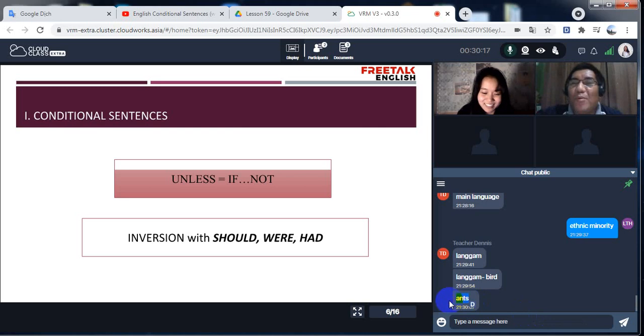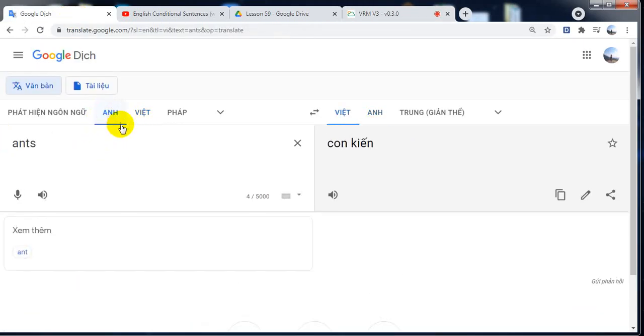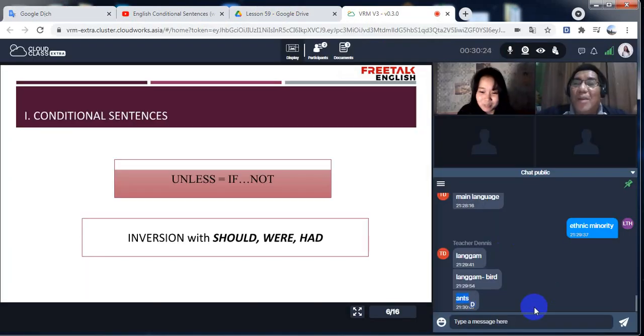Our langgam is already flying, but in Manila, langgam means ants. They're crawling.